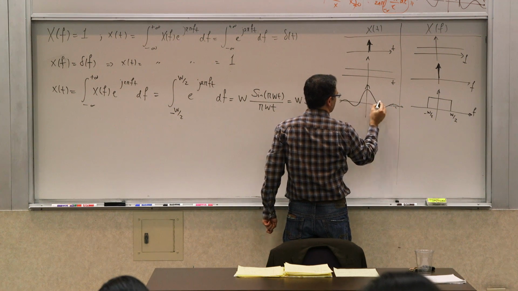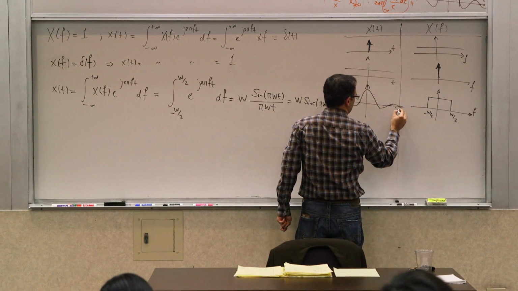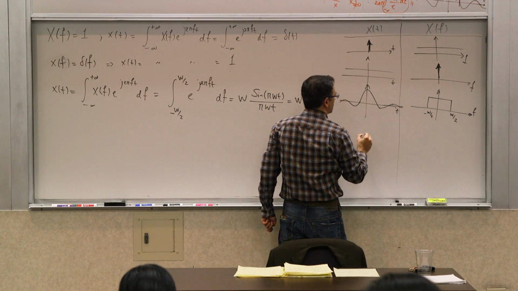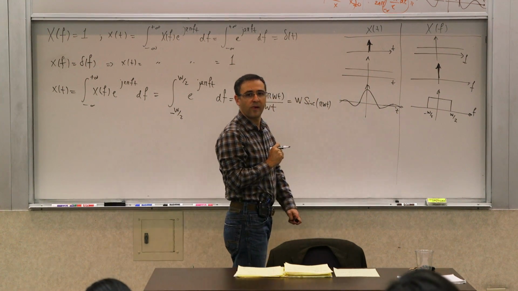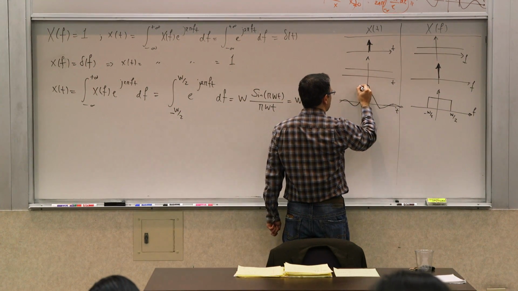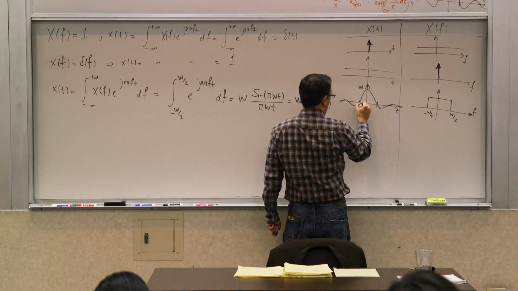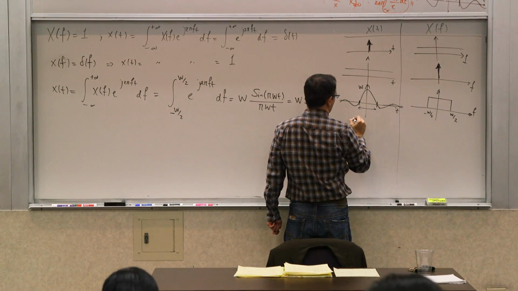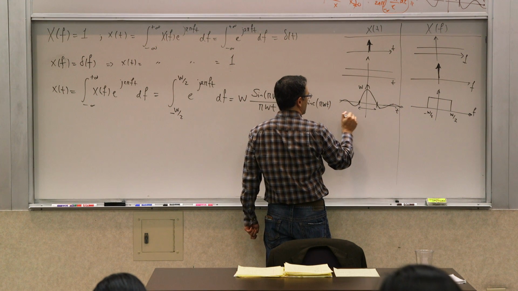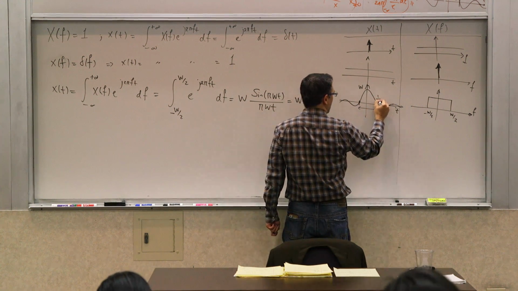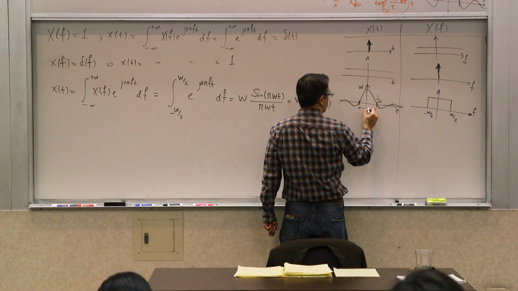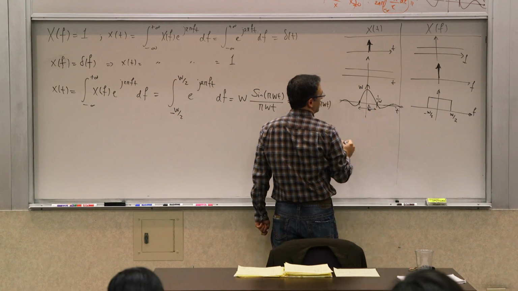So in time domain, it looks like that, and the height is w. This width is going to be what? This is when w over, so this is 1 over w, and this width is 2 over w.